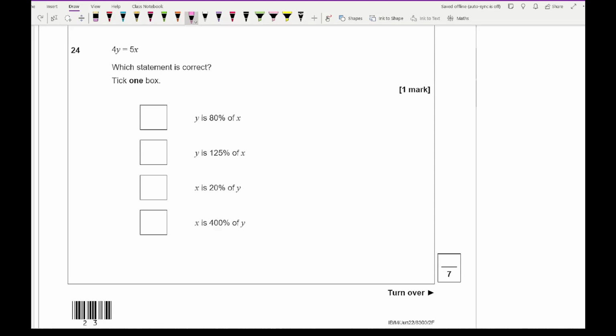If we make y the subject, then we end up with y equals 5 over 4x, and 5 over 4 is 1.25. So is y 80% of x? No, it isn't, so that's not going to be correct. Is y 125% of x? Well, 1.25 is 125%, so the correct answer is going to be the second option.